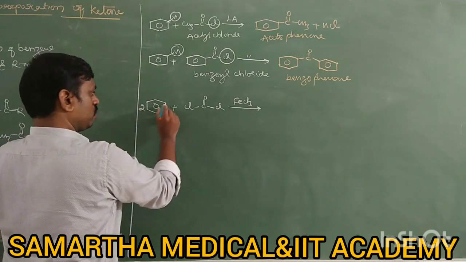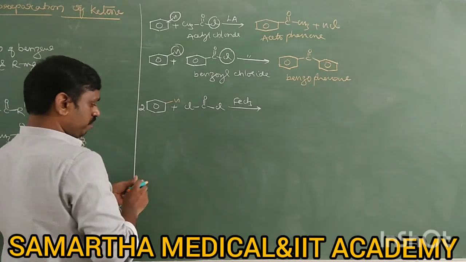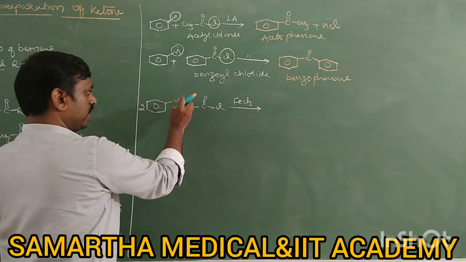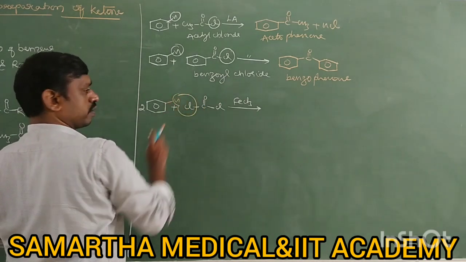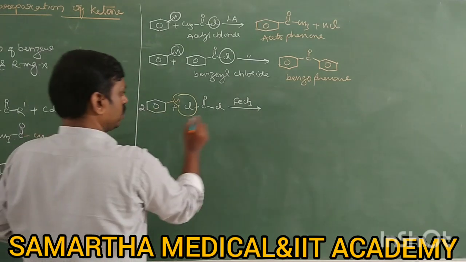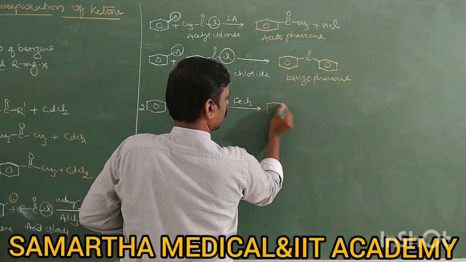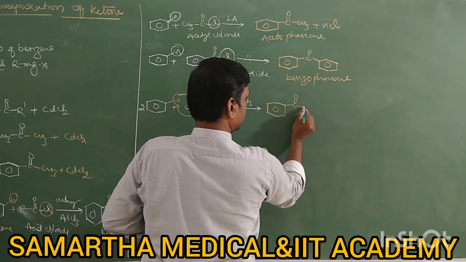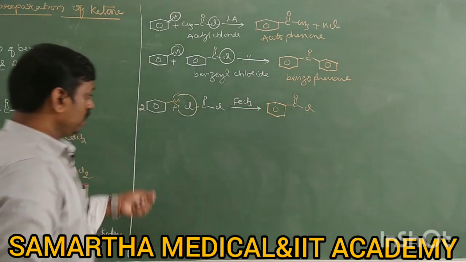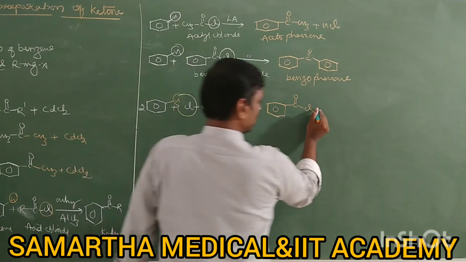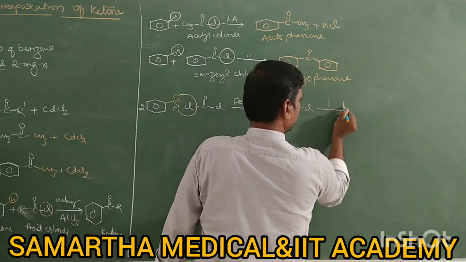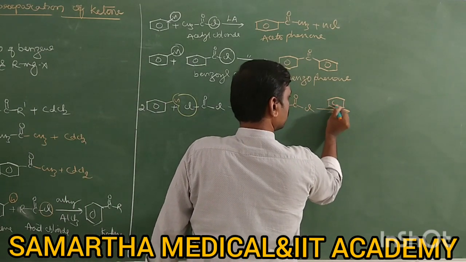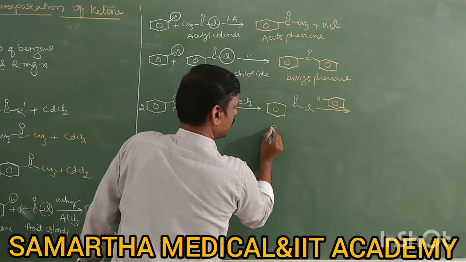Next, tell me this. Now here there are 2 moles of benzene. In the first mole of benzene, 1 hydrogen and 1 chlorine are removed, and you get C double bond O Cl. Now there is another mole of benzene. This other mole of benzene is also treated with this benzoyl chloride.